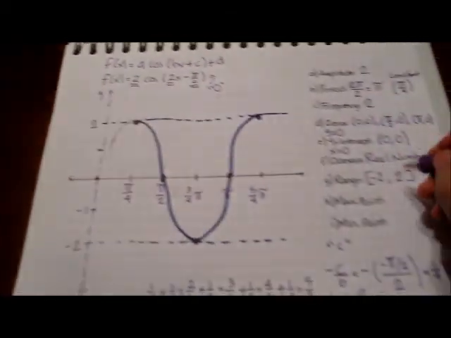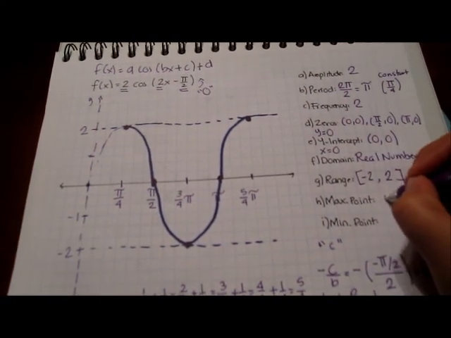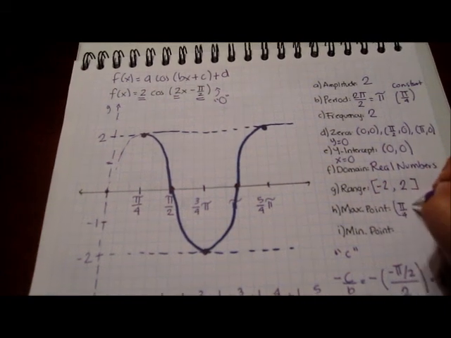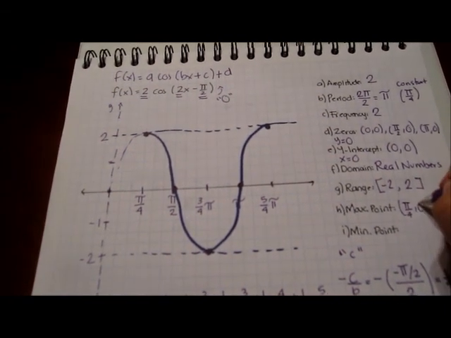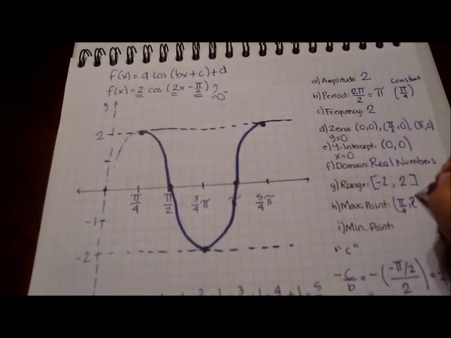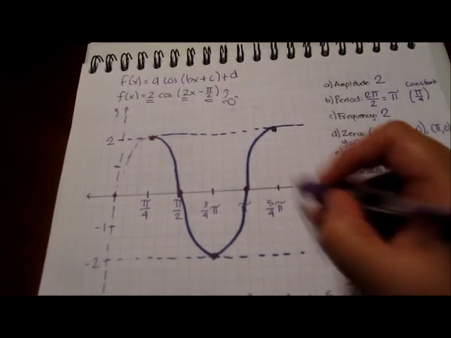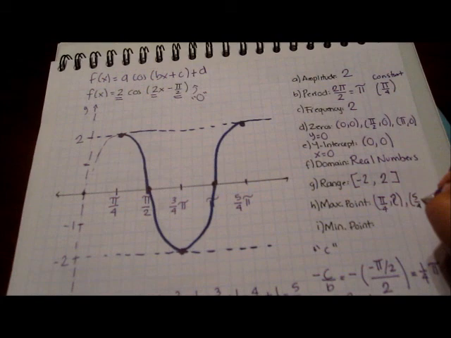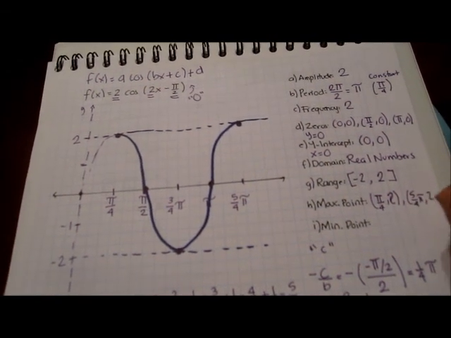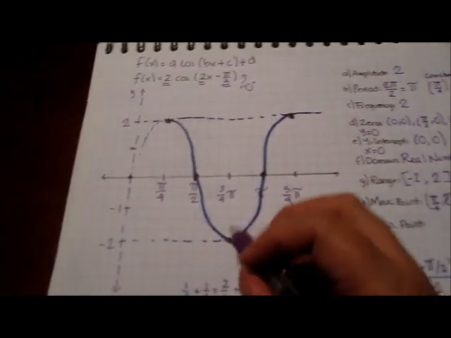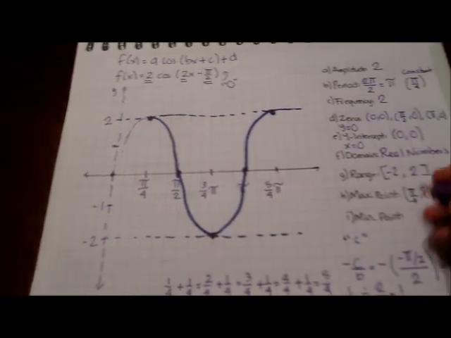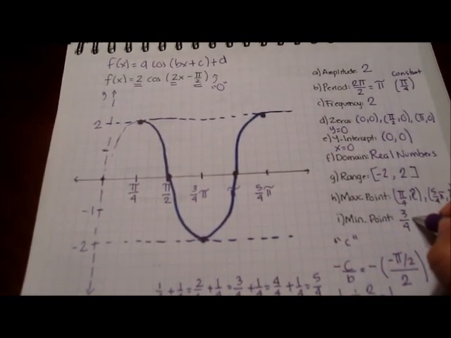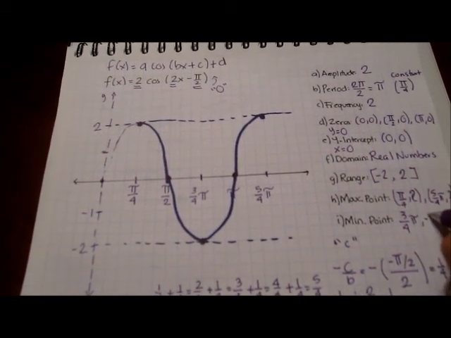That equals pi over 4, 2, and 5/4 of pi, 2. Minimum point, I only have one, that is 3/4 of pi, -2.